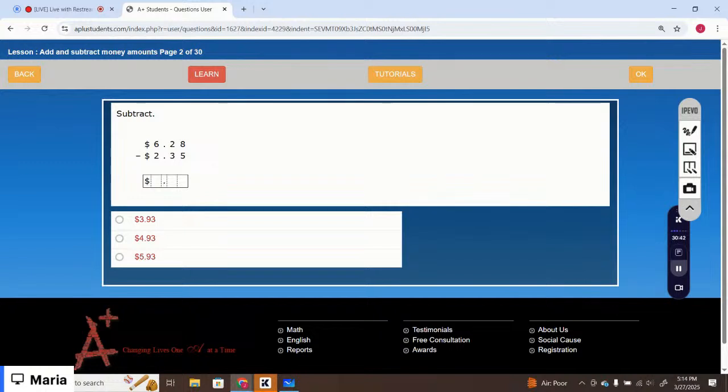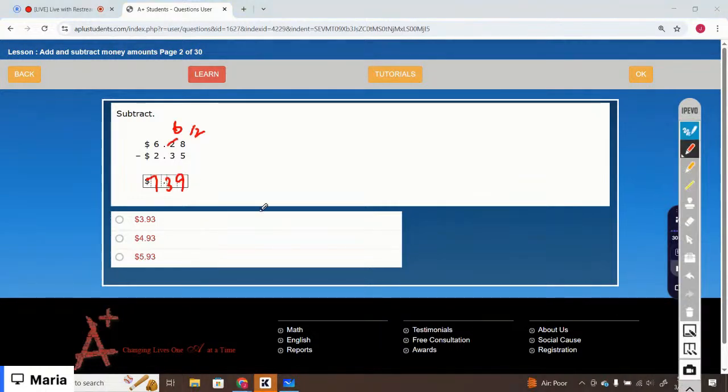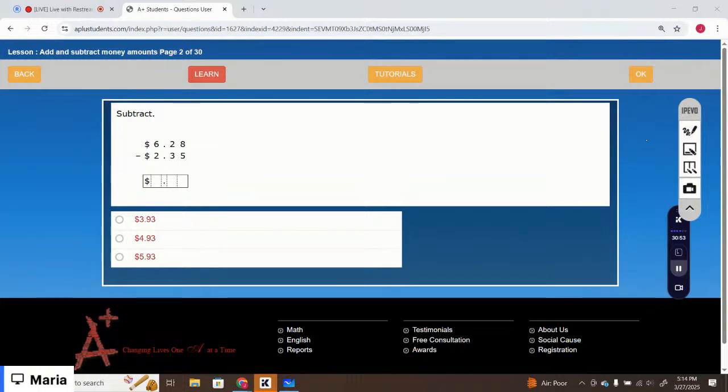Okay, let's just subtract. 8 take away 5 is 3, 12 take away 3 is 9, 5 take away 2 is 3. That is $3.93. Option number one is the correct option.